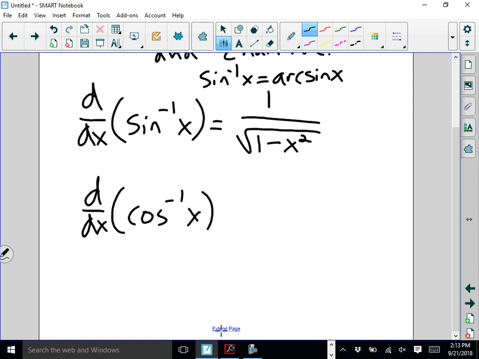That is the exact same as the derivative of arcsine, except for the fact that it's negative, so it's -1. So they look almost identical, except the derivative of arc cos is -1 over square root of 1 minus x squared. Tangent always likes to be different, so let's look at tangent.